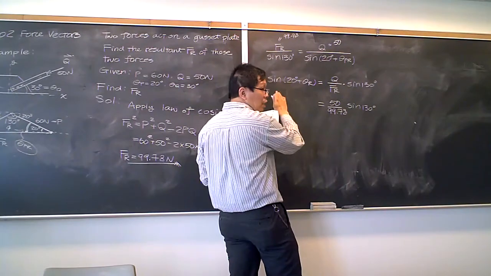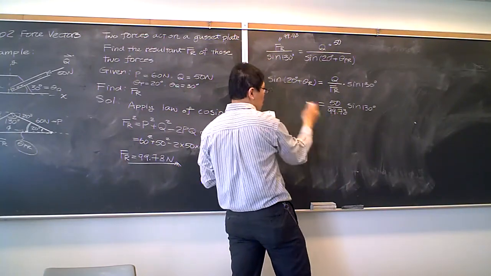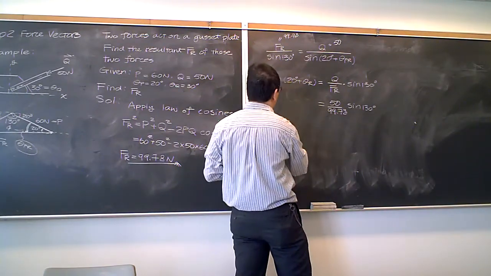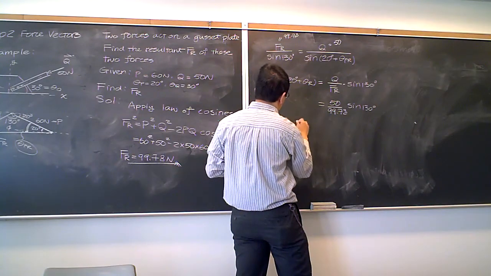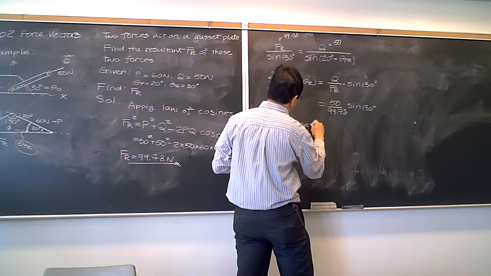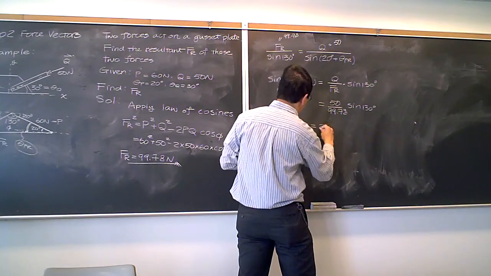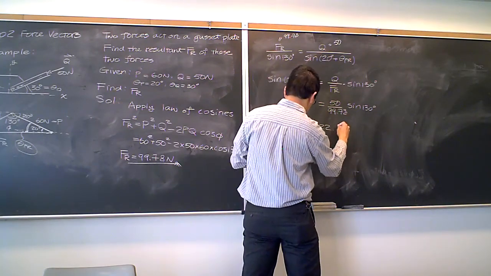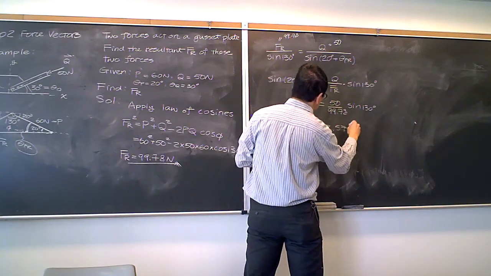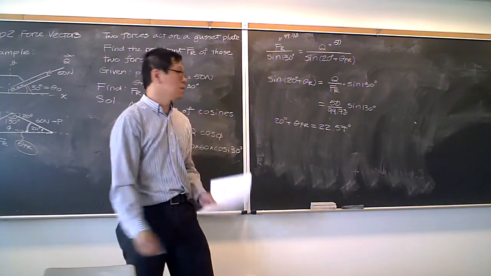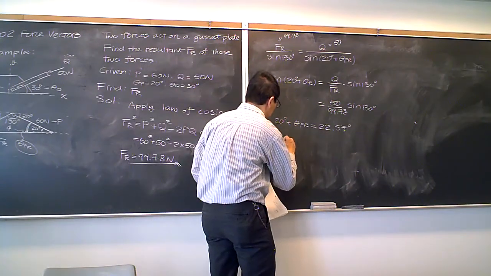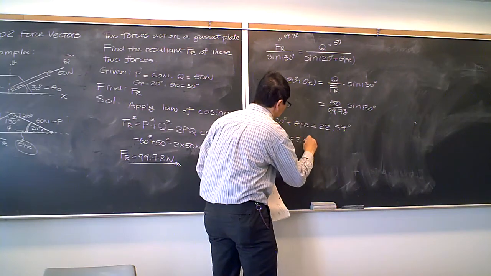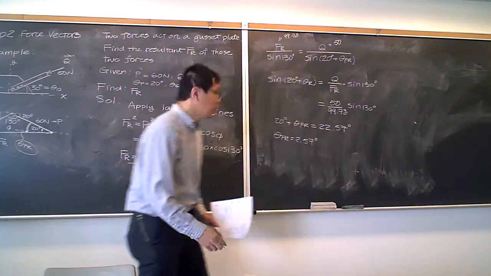So if you take the inverse sine of this value over here, you're going to find 20 degrees plus theta FR equals 22.57, which means the angle of theta FR is 2.57 degrees.